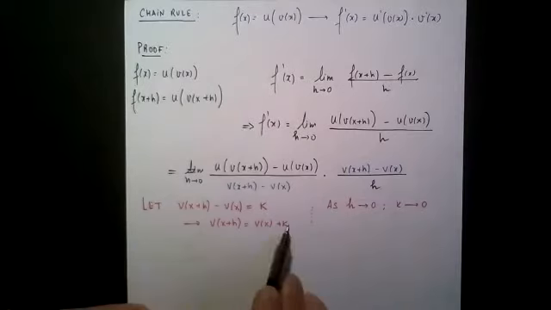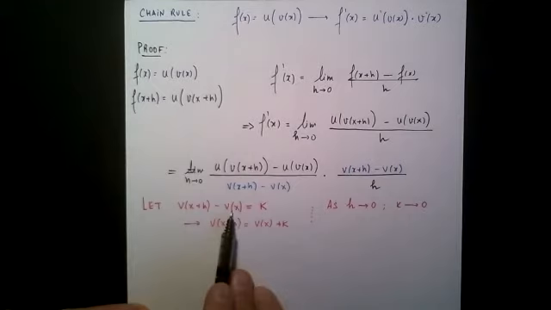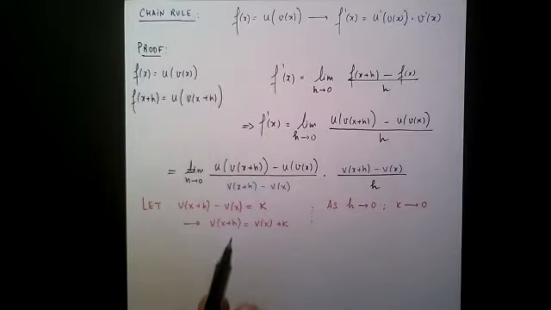So that's the first thing I'm going to notice. Second thing I'm going to notice is that let's analyze k for a second. K is equal to the difference between these two values of the function. But if h is very, very small, then v of x plus h is very, very close to v of x, right? Of course, we're talking about well-behaved functions.